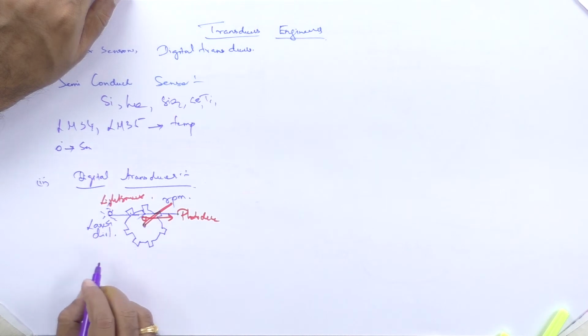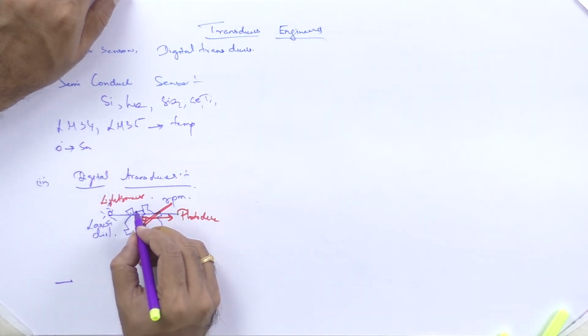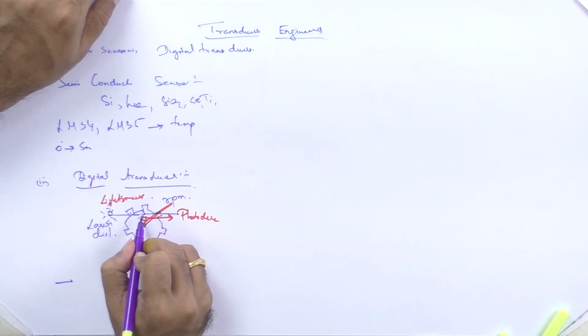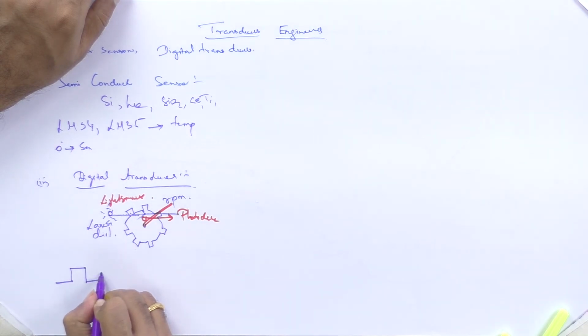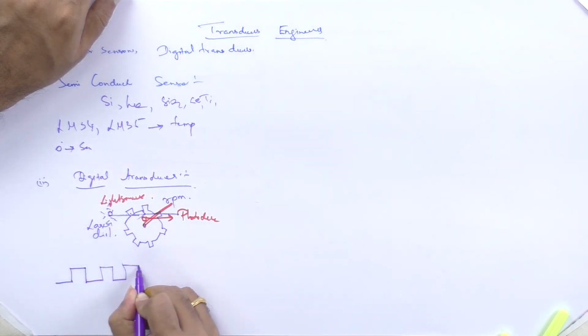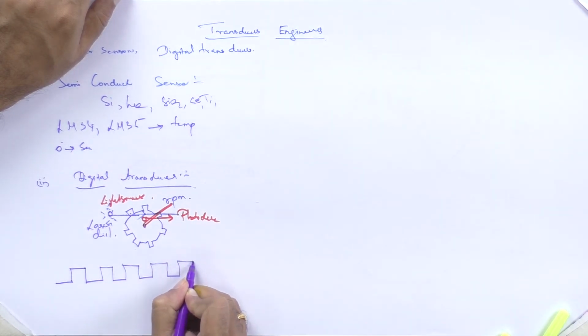When there is a total cutoff by the tooth, you will get a bottom line. Then when you get a total penetration through the shaft, you will get a line like this. Something like this, a clock pulse will be formed.